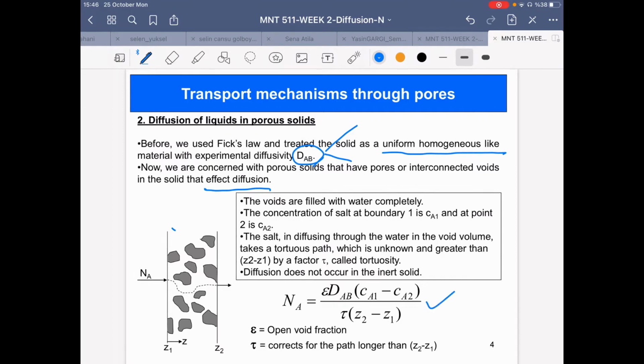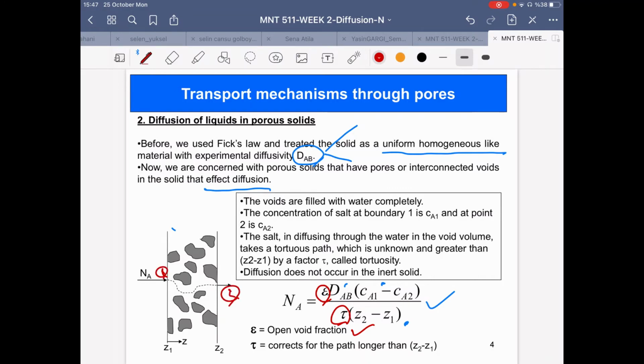In general, what did we say? NA is equal to DAB dCA over dZ, and as you can see, we have two very basic things that we have added while we are considering these nanopores. That's the open void fraction, because the more open it is, the more it's going to travel from one spot to another.